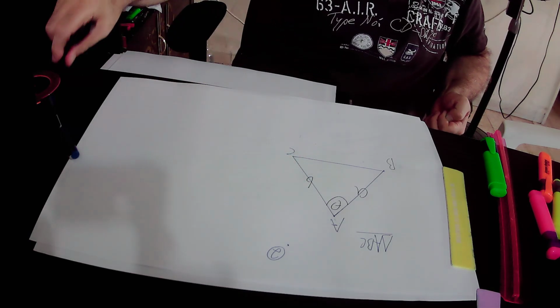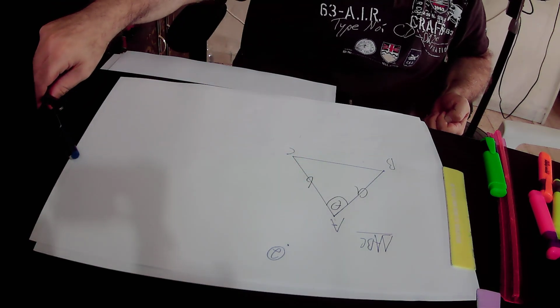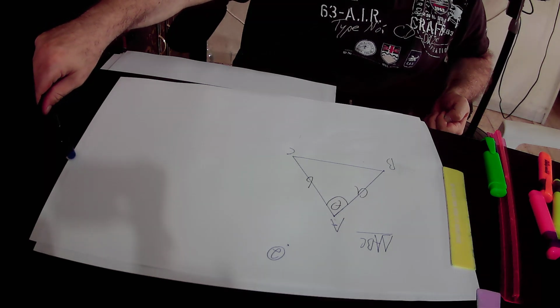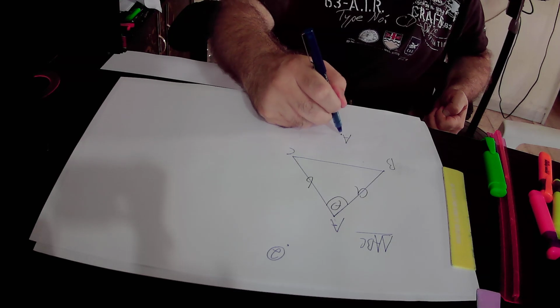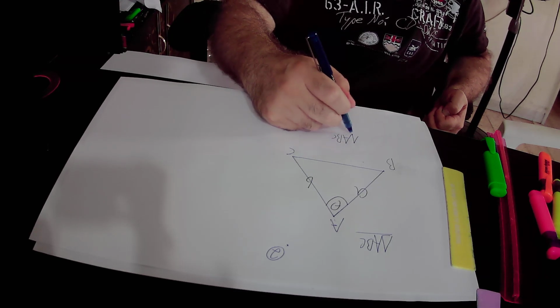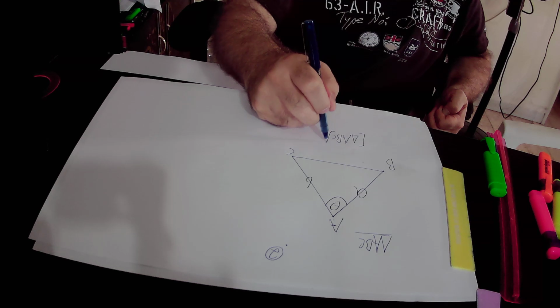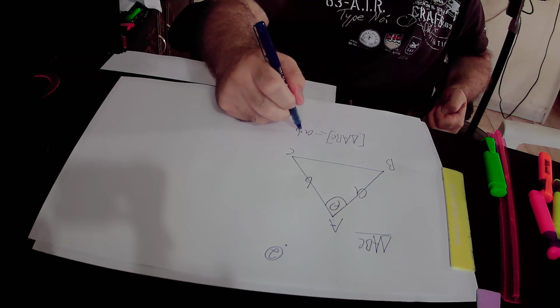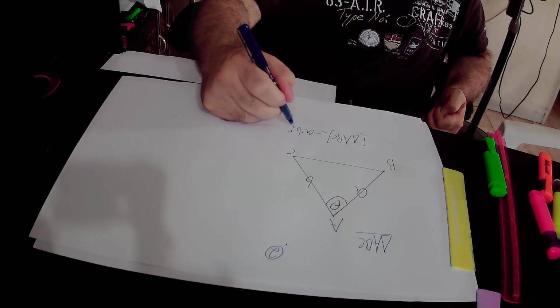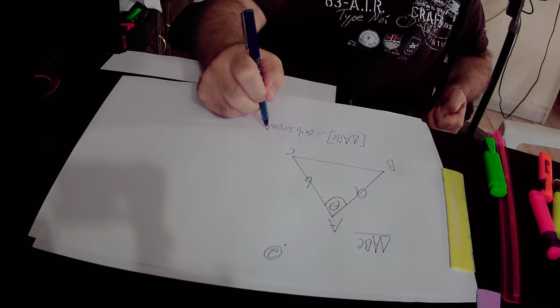Then, according to the new formula, the area of triangle ABC will be equal to A times B times sine theta over 2.